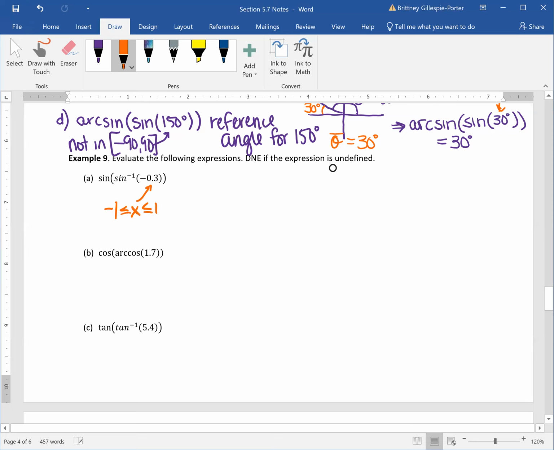So this guy is, and because it's in that domain, which I'm going to write in interval notation, because it's in negative 1 to 1, this means that the sine and inverse sine are going to cancel out, and we get negative 0.3.